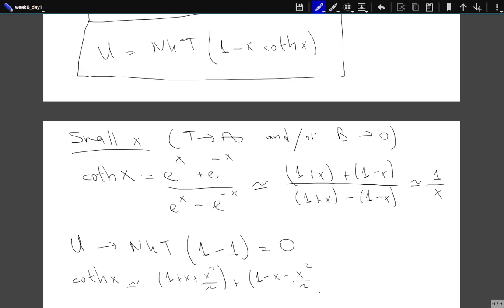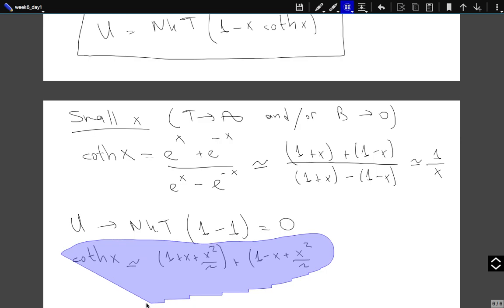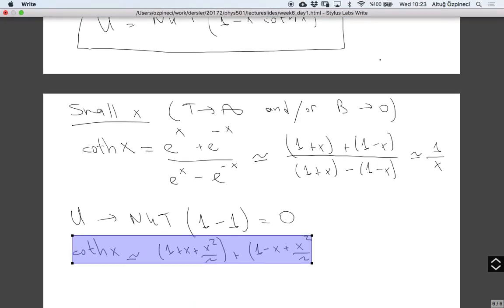Well, is hyperbolic cotangent x an odd function or an even function? It should be odd. So x squared terms will not contribute. Okay, I was trying to avoid taking the derivative of hyperbolic cotangent, but that will probably be the best choice.